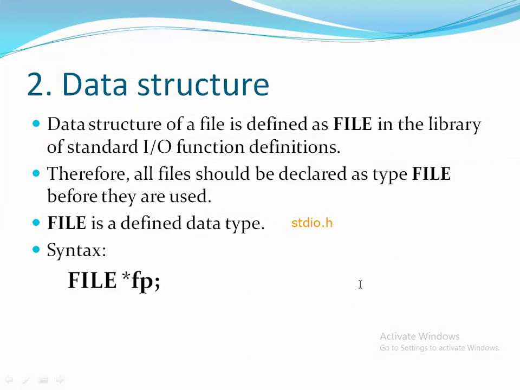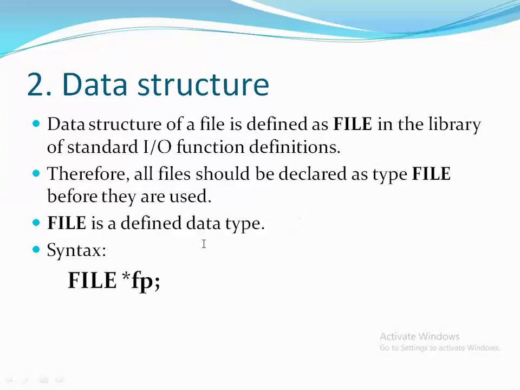So FILE is a data type. *fp: whenever we use a star before the variable, that is called a pointer. So fp is a pointer to FILE. It is called a file pointer. In that way, you have to declare one variable for the file. The variable must be declared as a file pointer. Okay, in that way we have clarified the data structure.